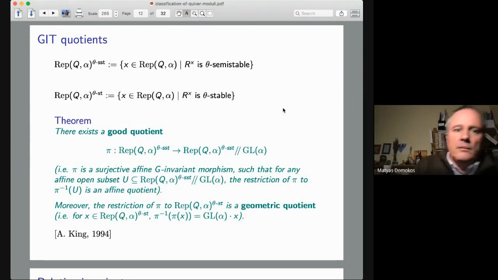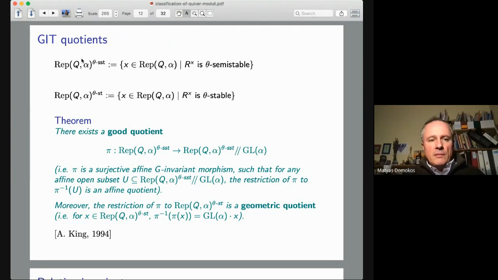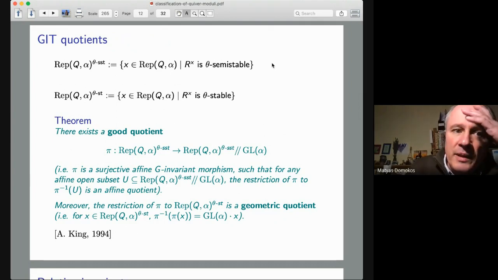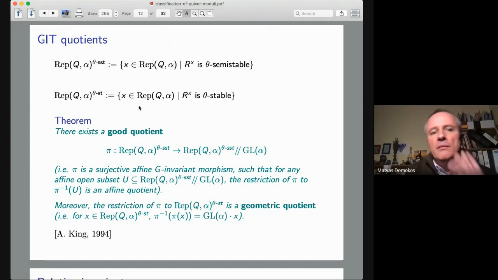Turning back to the representation space, we can take, for a given weight theta, those points x such that the corresponding representation is theta semi-stable. It turns out that this subset is Zariski open, which contains, again as an open subset, the points which correspond to theta stable representations.